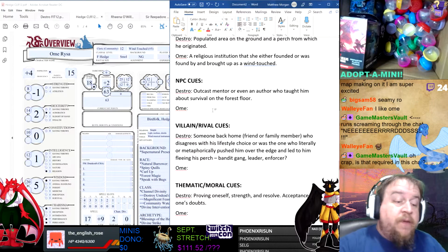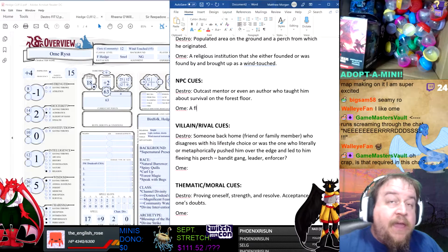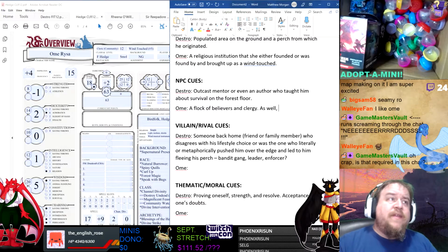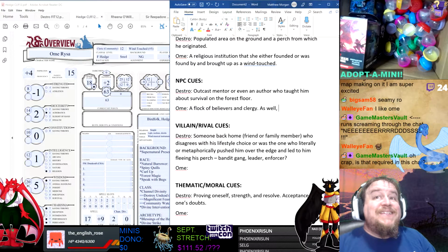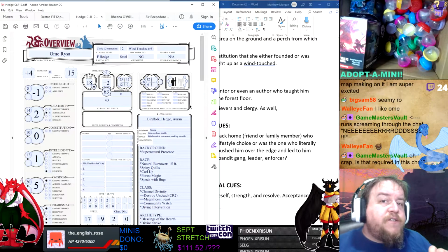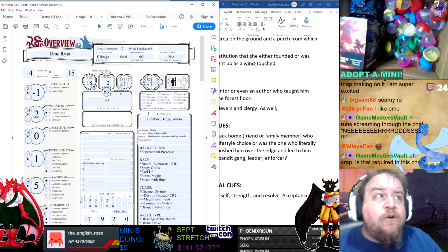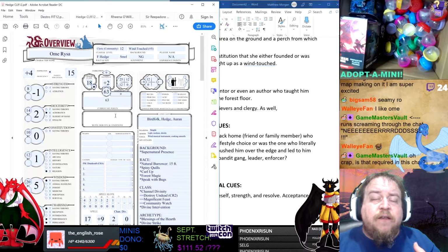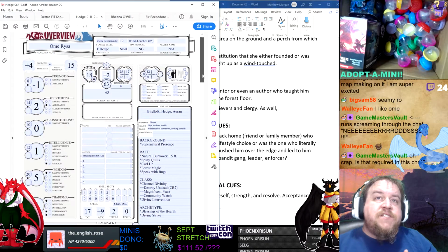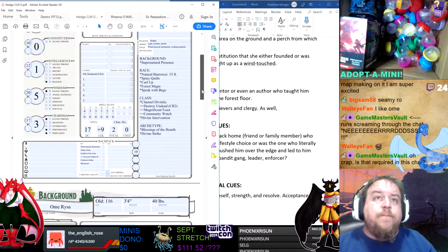Ome, I mean, there's a flock of believers and clergy as well, because that's very broad, and it certainly exists. But is there anything maybe even more specific? We could always pluck one of the followers and develop that follower more, or an acolyte that's on a pilgrimage with her in order to learn the ways of the wind. And so this acolyte can become an NPC as well.